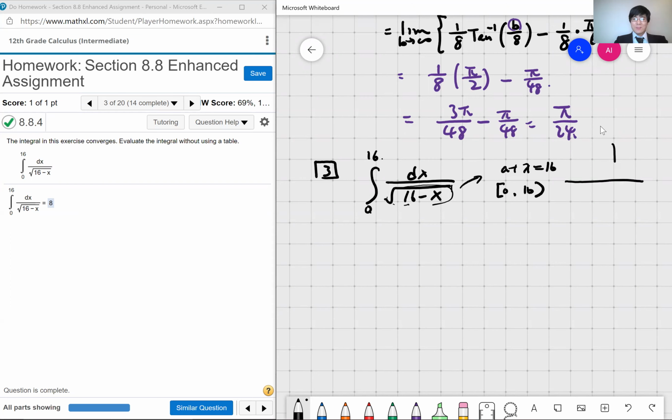At x equal to 16, you want to have something like this. So this is a type 2 improper integral. So we have to set it up like 0 through b of the integral, and we are going to make b approach 16 from the left side.